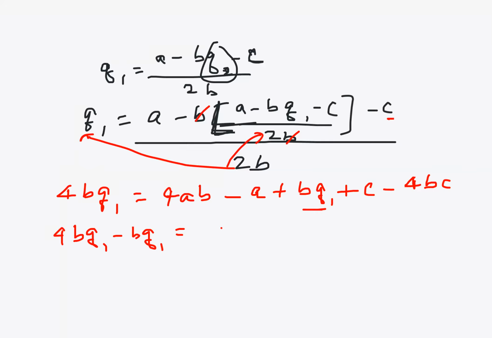So 4AB minus A plus B times Q1. Sorry, B we have already removed, so let's erase this.